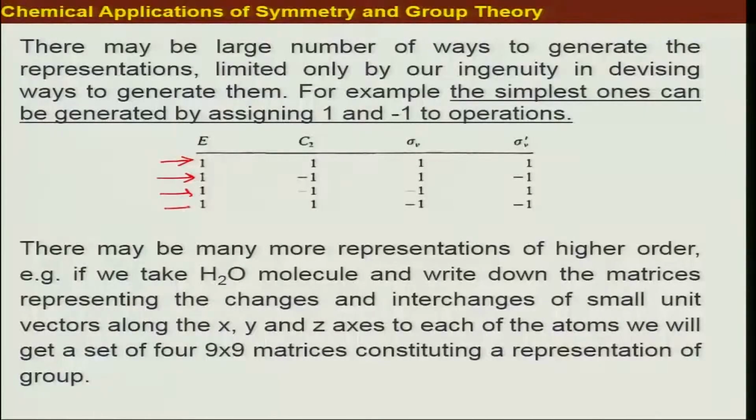Here we are giving an example of C2v, right? So this is for C2v, for example like water. If I just take the specific example here, instead of this large molecule, let's take a molecule like water, which has a C2v point group.